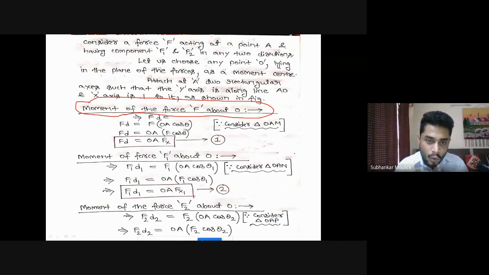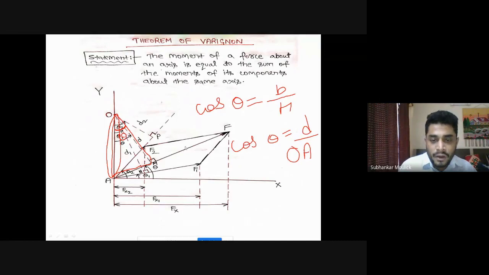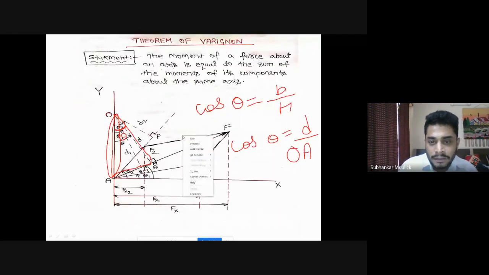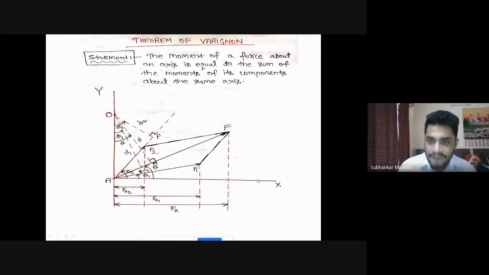Take OA out of the bracket and take F inside the bracket. Your equation becomes F into d is equal to OA into F cos theta. So if this is F cos theta, can you tell me from the diagram which term you can replace F cos theta by?